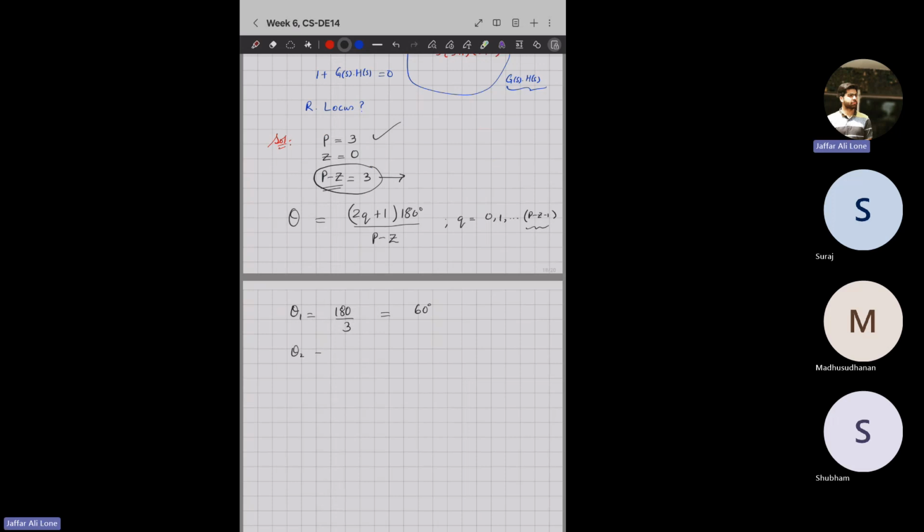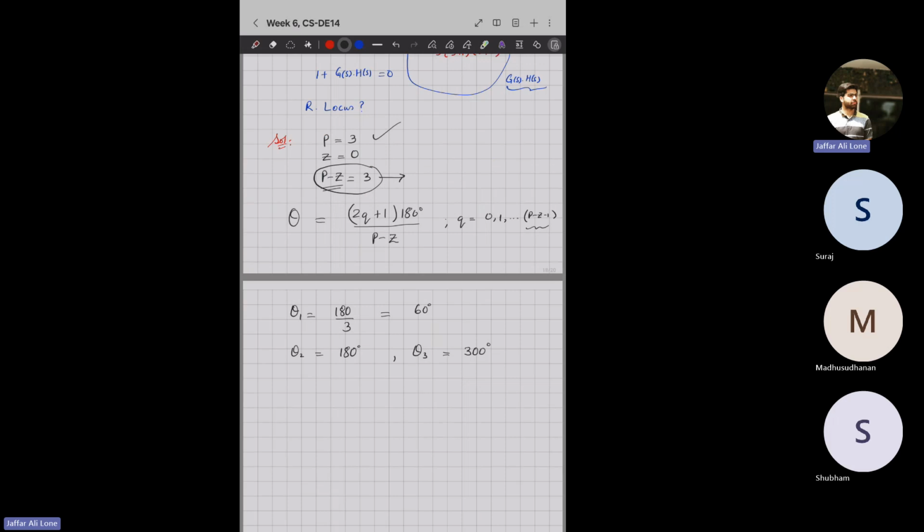Similarly, my theta 2 will be 180 degree if you plug in the values, and my theta 3 will be 300 degree.